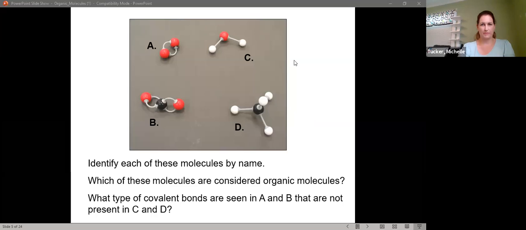And then we have identify these molecules. So A is, we call it elemental. B is carbon dioxide. C is water, and D is methane.